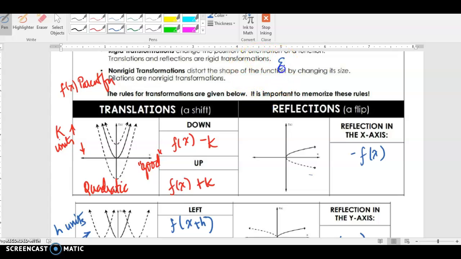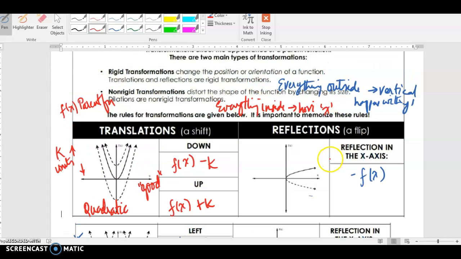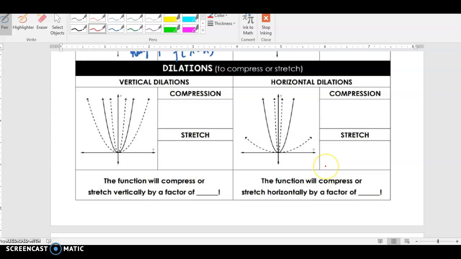Everything outside is vertical and happens with the y value, and everything inside is horizontal and happens with x.